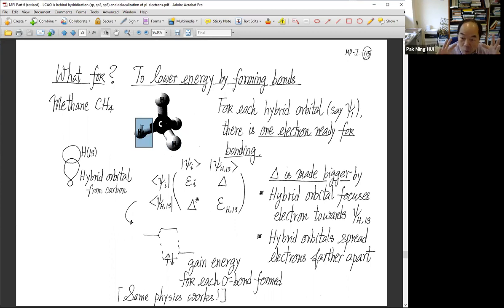That is why we want to do the linear combination at the beginning. Therefore, pushing up, pushing down, occupying the lower one guarantees energy is gained. And that is how this CH4 is formed with such a structure. Again, this is the standard 109.5 degree.